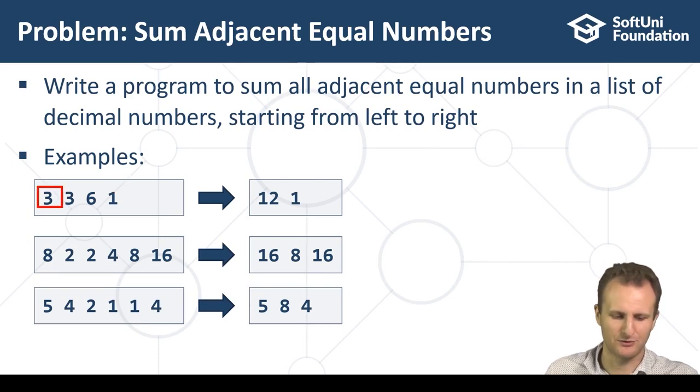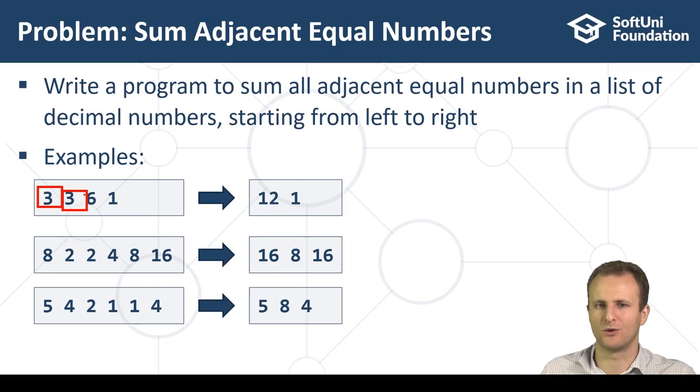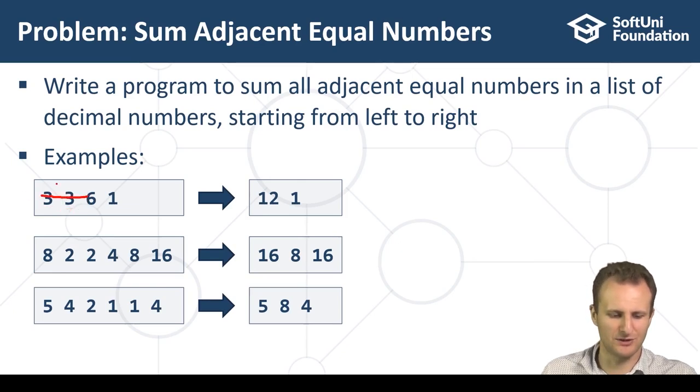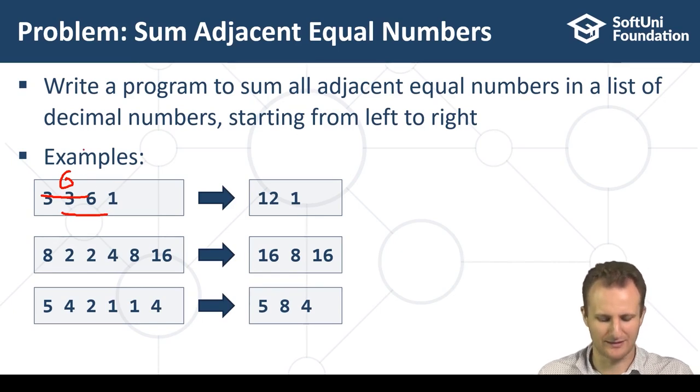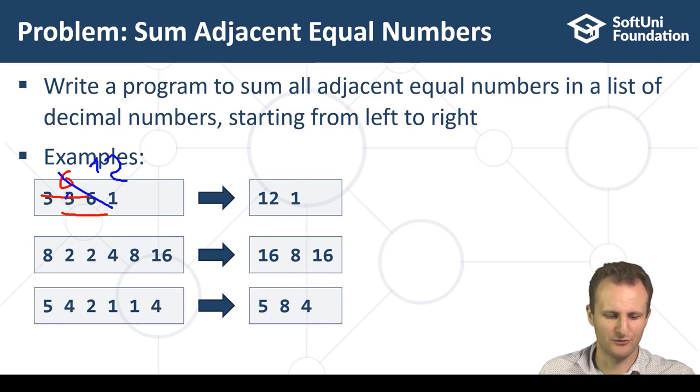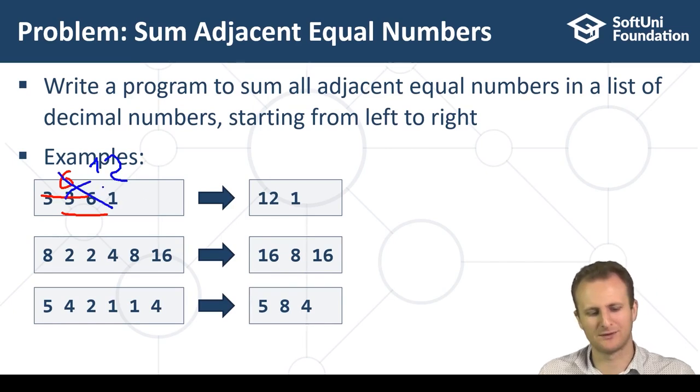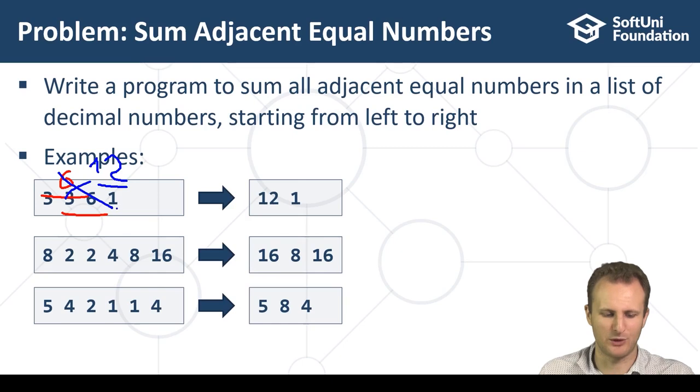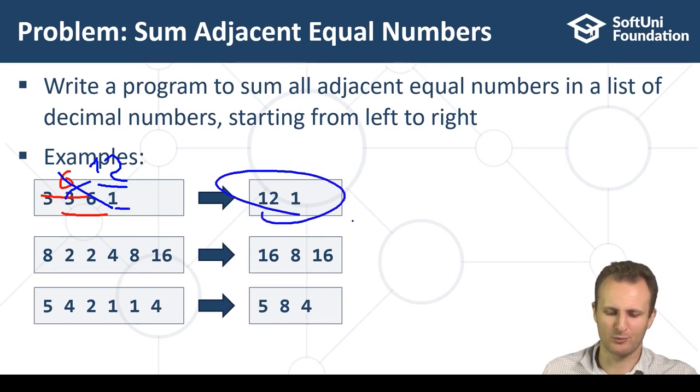So we have 3 and 3 here, they have equal values, so these 3 and 3 need to become 6. But then we're having 6 and 6 next to each other, so we'd sum these 6 and 6 together and receive 12, remove these from the list, and when we reach the point when we have 12 and 1 in the list, there's nothing else we can do, so we print the list.